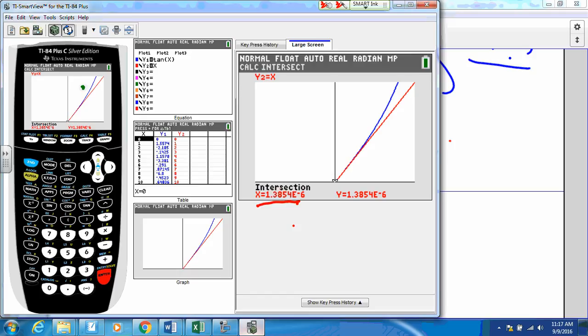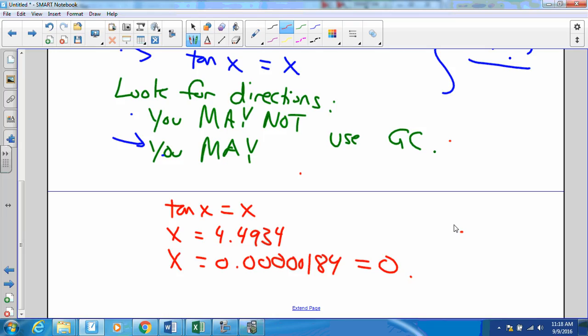Oh, I have a question. What if it's like 1.384 e to the negative 1? Then it would be 0.1385. Okay. But which number do you determine that it equals 0 at? Because when I wrote it out in decimal form, it was 0 in all of my 4 decimal places. Yeah, that's what I thought too. If it comes out to 0 to 4 places, it's 0 as far as we're concerned.